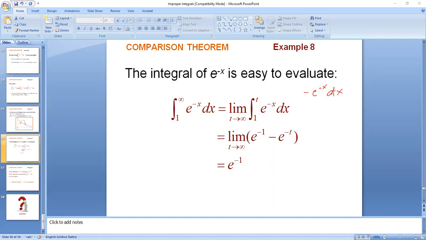You need the negative here for the derivative of your u in e raised to u du. So this negative here is the derivative of this one. Since I introduced the negative here, I need to place a negative outside. So the answer for this one is actually negative e raised to minus x. That's the answer. So the limit of e raised to negative 1 minus e raised to negative, wait class.